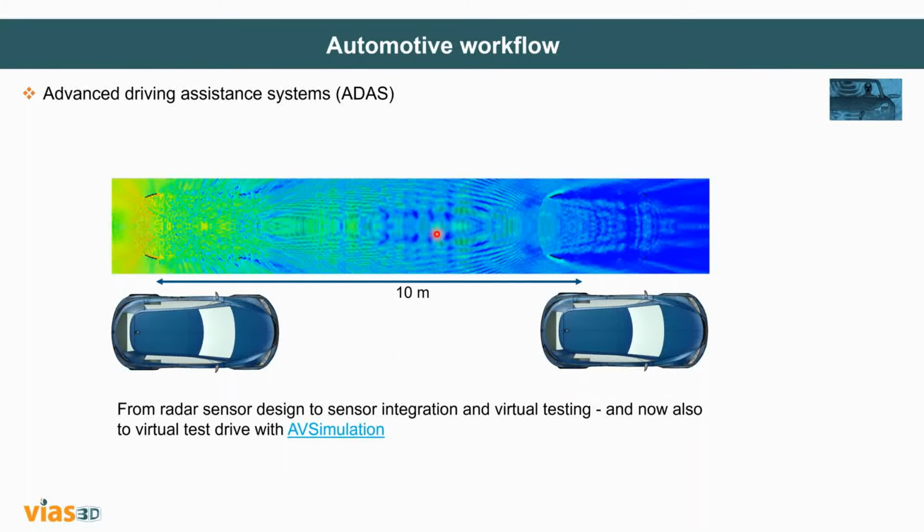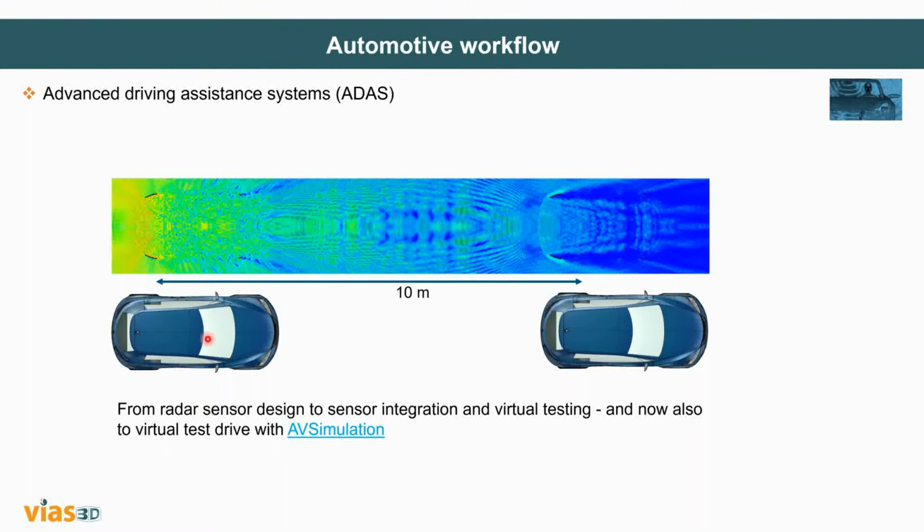Advanced driver assistance system and autonomous vehicle have been a very hot topic in recent years and continue to be in the future. As you can imagine, detection analysis is a major part of these systems, and I'm glad to say that we have tools available for the full chain of simulation, from individual radar sensor design up to virtual testing, and now also to virtual test drive simulation with AV simulation, which is a part of the Dassault Systèmes portfolio.